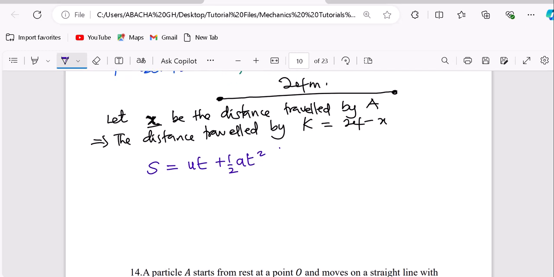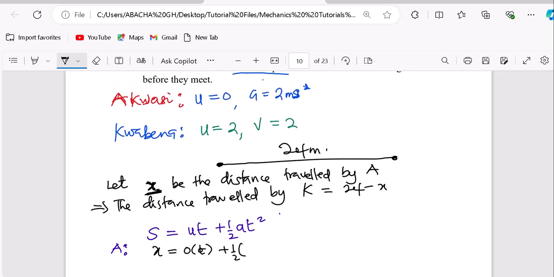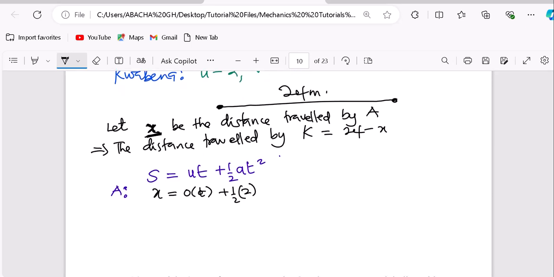For Akwasi, the distance is x, so x equals his initial velocity 0 times the time, plus half times his acceleration 2, times t squared.